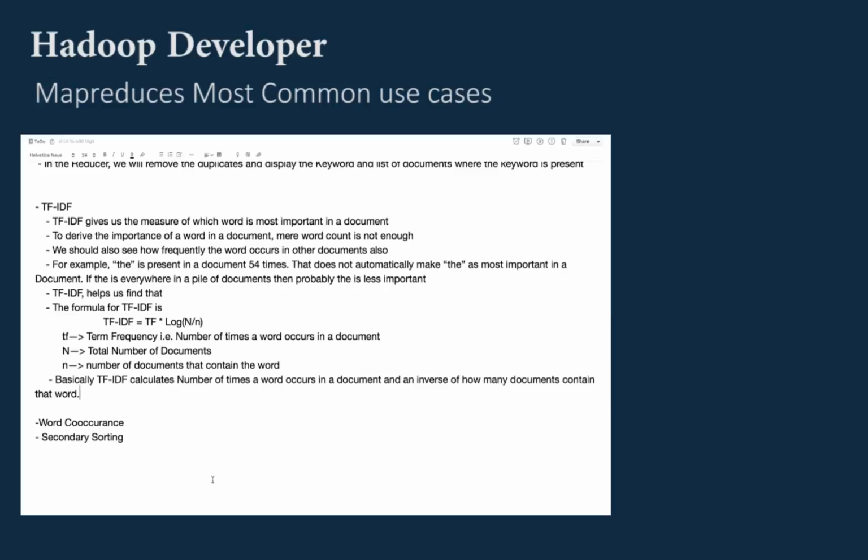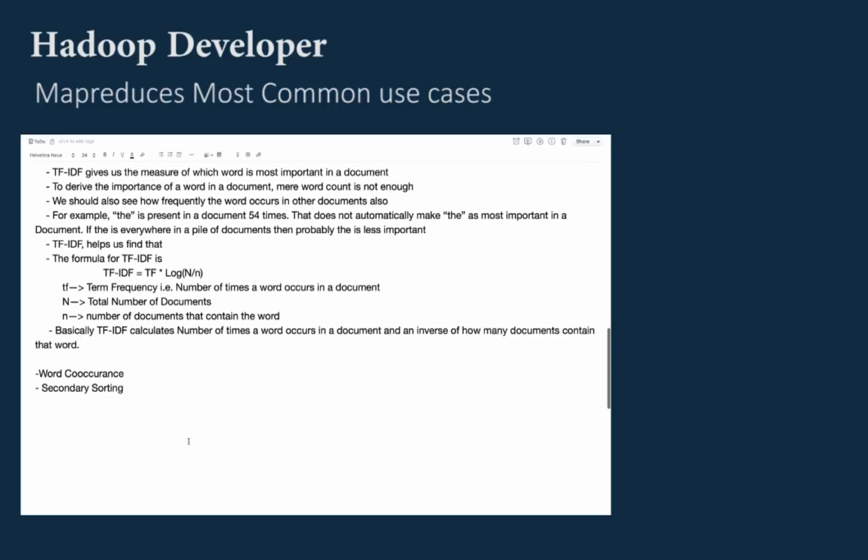It works on the principle that if the word is present a lot of times in a document, but it is present everywhere else also, then probably it's more common and less important. That is tfidf, term frequency inverse document frequency.